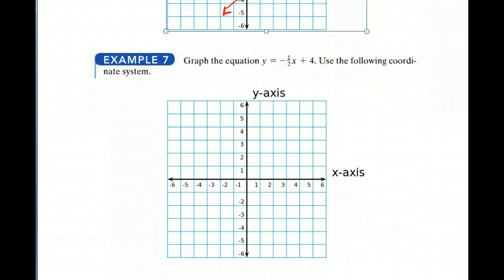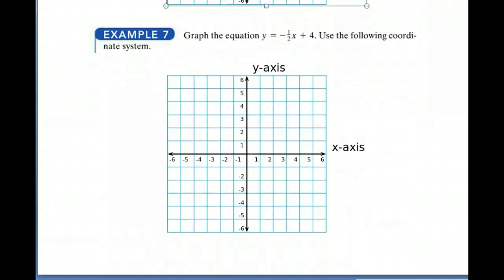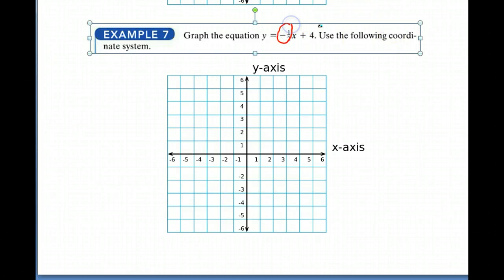Example 7, we will do exactly the same way. We were given our slope and we were given our intercept. Remember, it's in slope-intercept form already. So when it's in slope-intercept form, we just have to identify the slope, which was -1/2, and the intercept, which is 4.